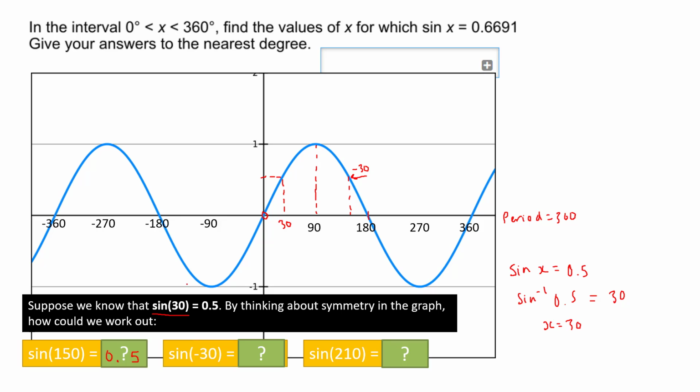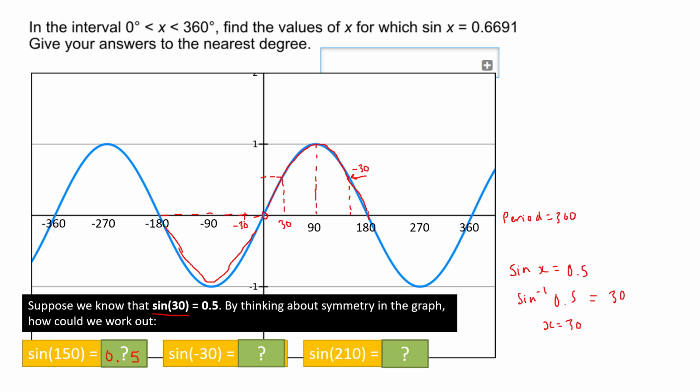Now what about sine minus 30? Well, this is minus 90 and it's minus 30. Now this is an important point. From here to here, this U shape is symmetrical, but a reflection of this one.